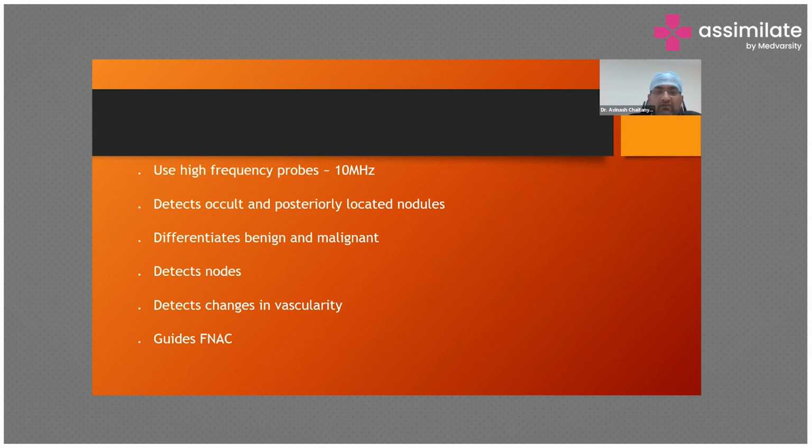You have to use high frequency probes. It can also detect nodules which are not palpable to us, and also detect nodes which are present in the neck. And also a guided FNAC is going to be much more specific and sensitive in dealing with thyroid malignancy.